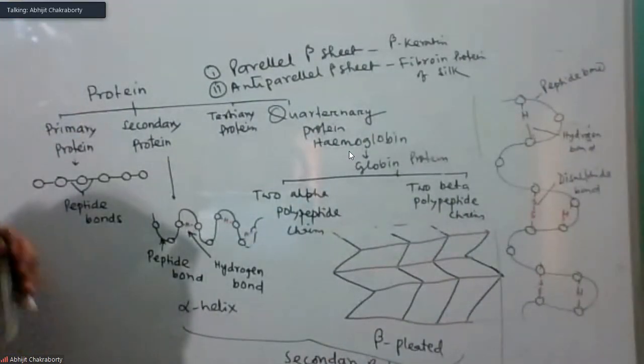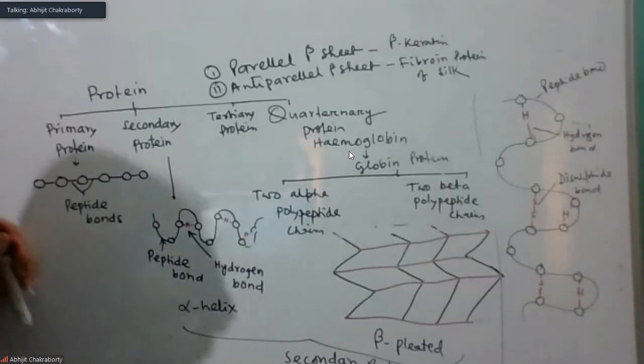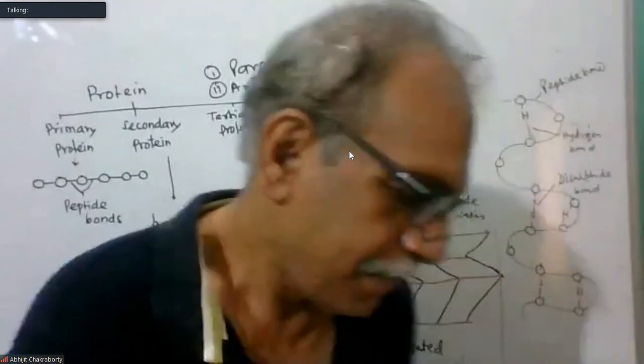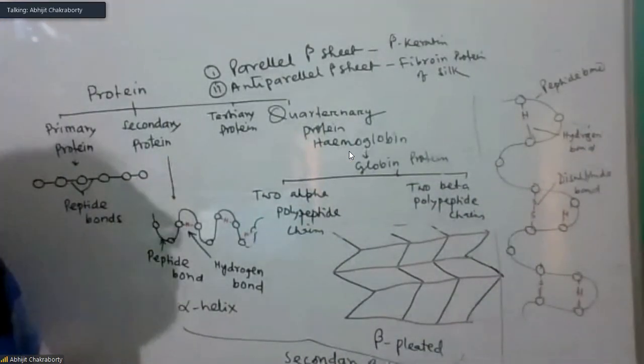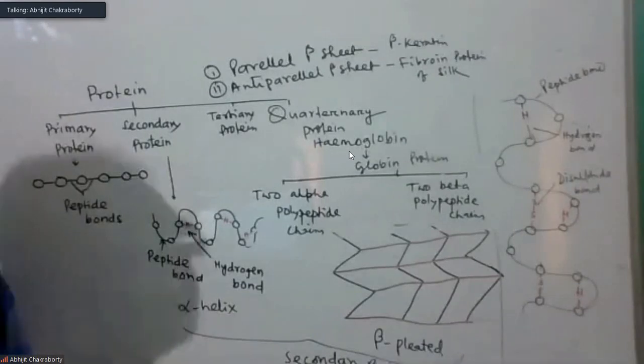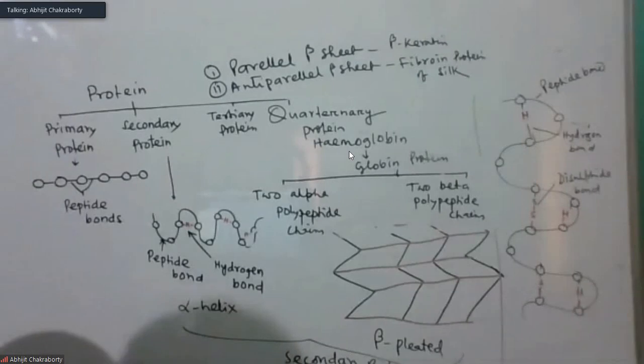Clear? Beta carotene is the parallel beta sheet. Anti-parallel beta sheet, fibrin protein of silk.